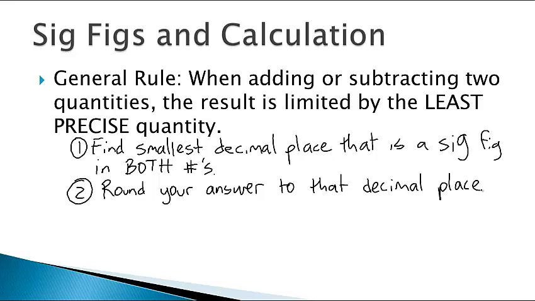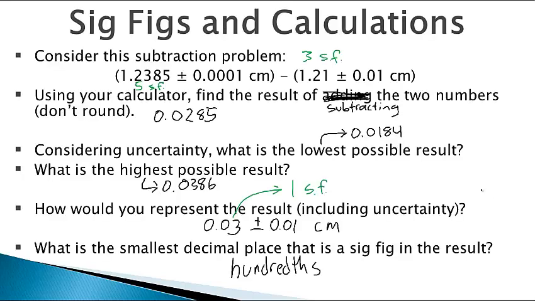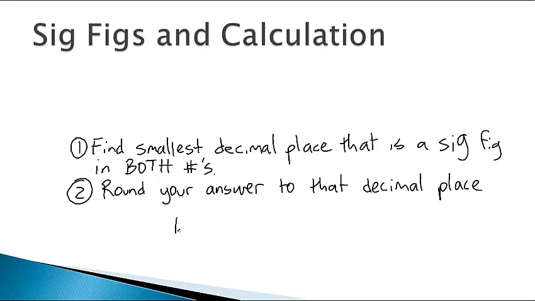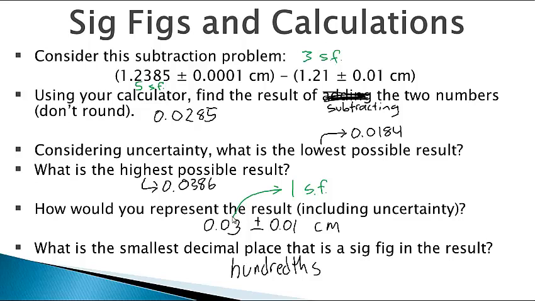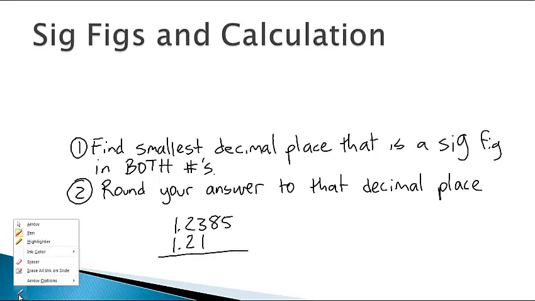One way that can be helpful to do this, if I take those last numbers as an example, 1.2385 and 1.21, if you write your numbers lined up like this, the digits after 1.21 are question marks.